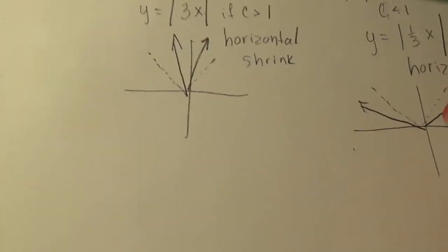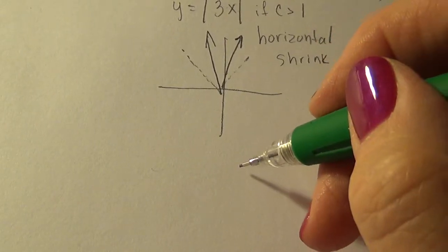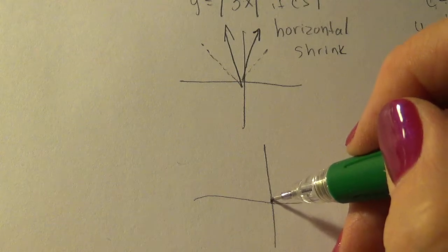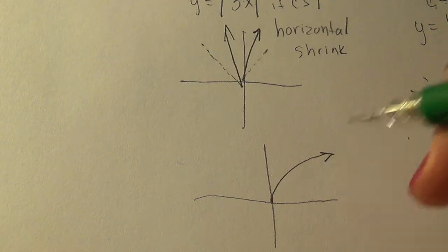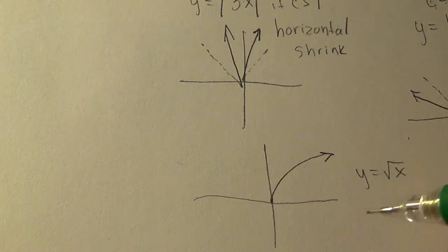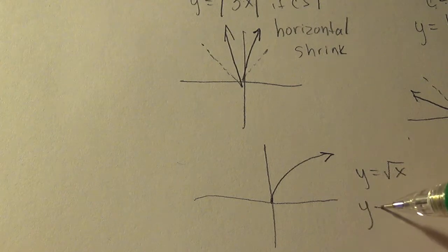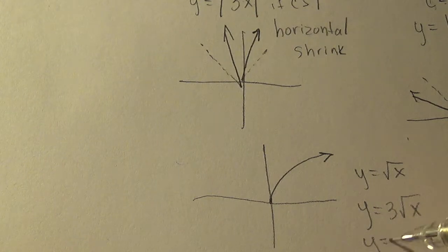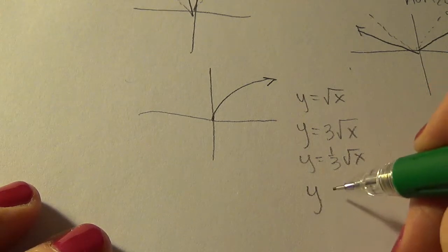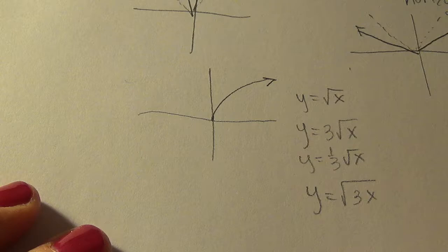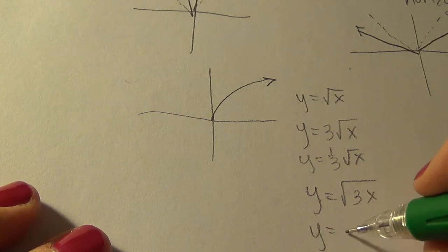Alright, can you put those ideas together next time in order to graph something like the square root function? Can you figure out what it would look like if I did this, or this, or when the change or the factor is inside of the function?